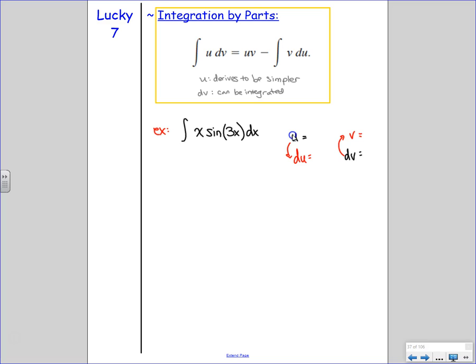And then the formula says u times v minus the integral of v du. Ooh, 7. u times v minus the integral of v du. Doesn't mean you have to do it that way. There's the tabular method, which I only think is sometimes helpful. And there's also just the writing it out way with the formula and plugging in.